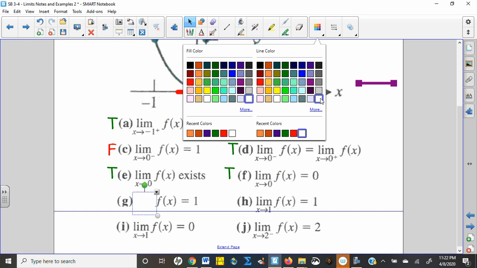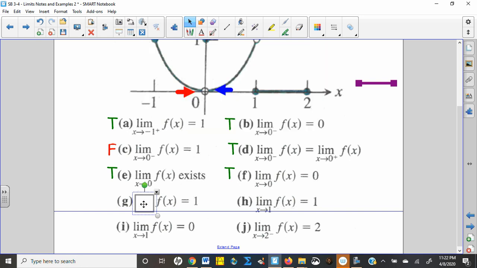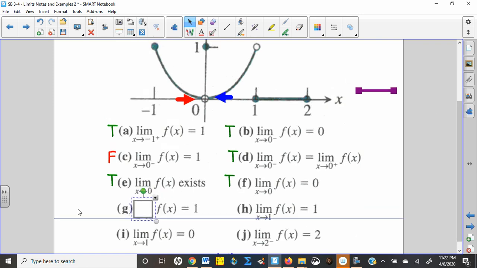But f of 0, I guess I'd have to plug the 0 in. f of 0 is equal to 1. We see that right up here. But that's not what it's asking. It's asking what height are we approaching from the left and the right. And it's the height of 0, not 1. The limit as we approach 1 is equal to 1, is it? I don't think so.